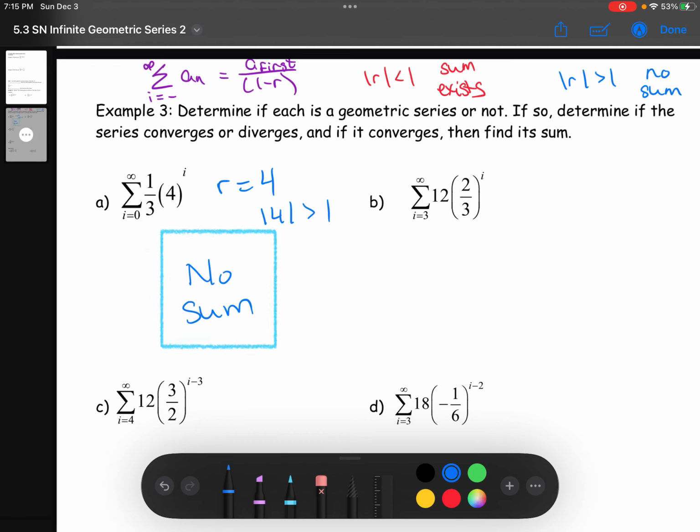Don't plug stuff into the formula. It's no sum. Now, let's look at example B. Hang on. Because this r is greater than 1, this is a series that diverges, as in gets further and further apart, which is why there is no sum.